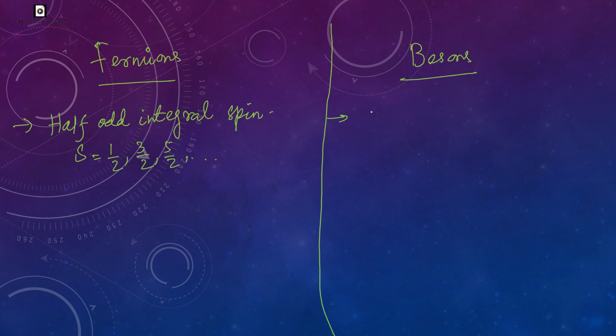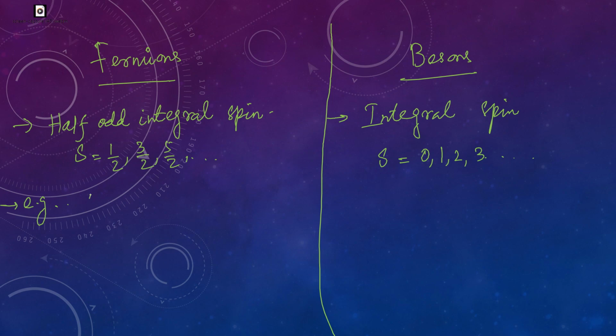Bosons have integral spin, that means s will be 0, 1, 2, 3. Examples of fermions: neutron, electron, proton, neutrinos, etc. And examples of bosons: photons, mesons. These are bosons.